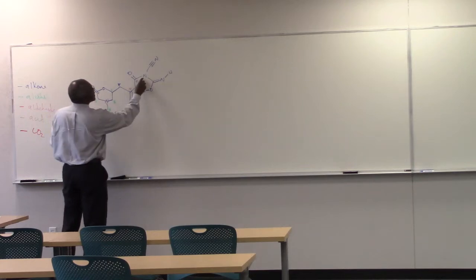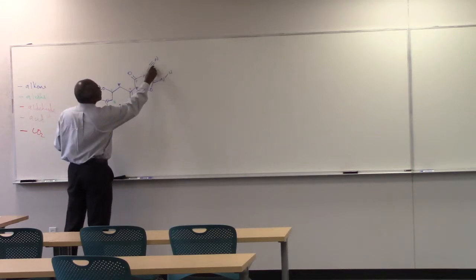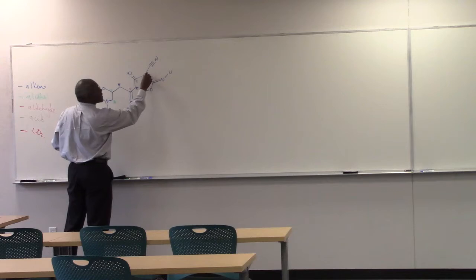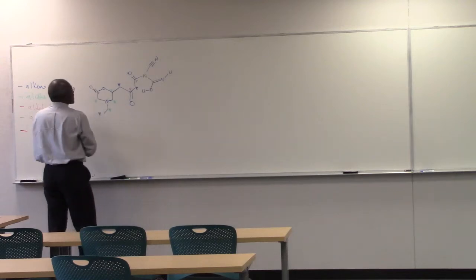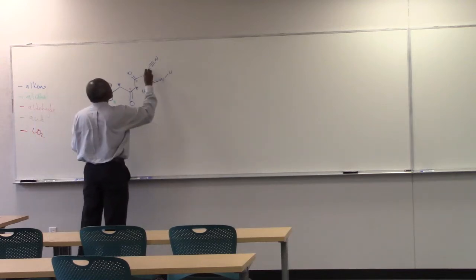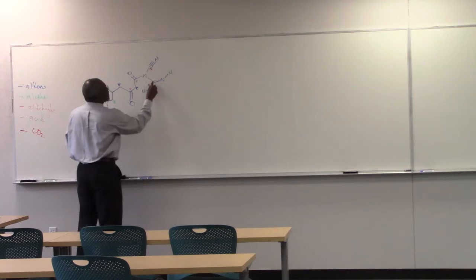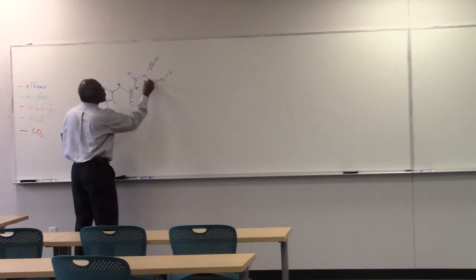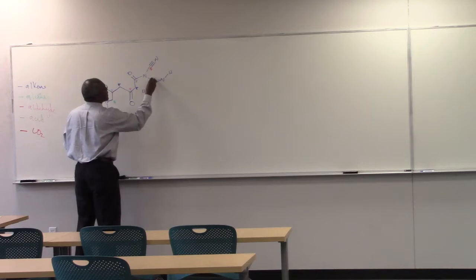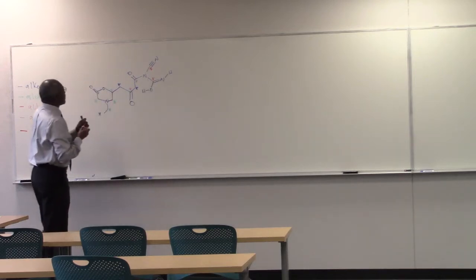This carbon has 1, 2, 3, 4 bonds to heteroatoms, so that's at the carbon dioxide level. This carbon also has 4 bonds to heteroatoms, that's also at the carbon dioxide level.